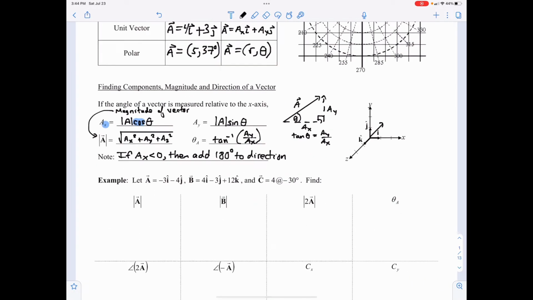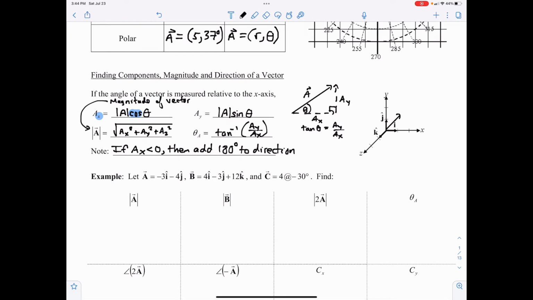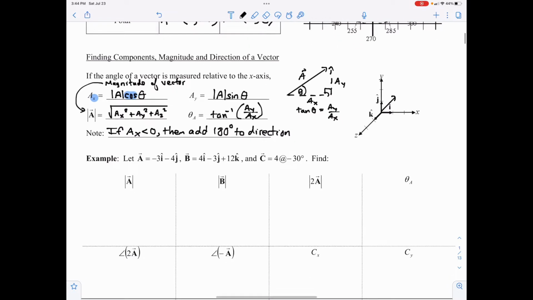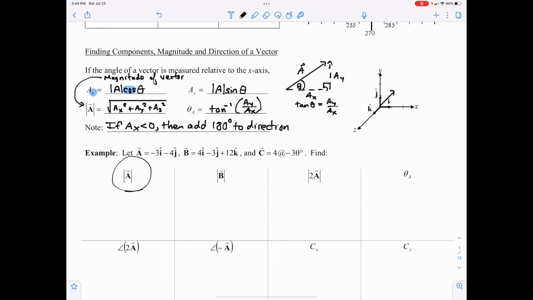Let's take a look at the following example. We have vector A, vector B, and vector C. We want to find the following: the magnitude of vector A, the magnitude of vector B, and 2 times the magnitude of vector A. This is called a scalar multiple.